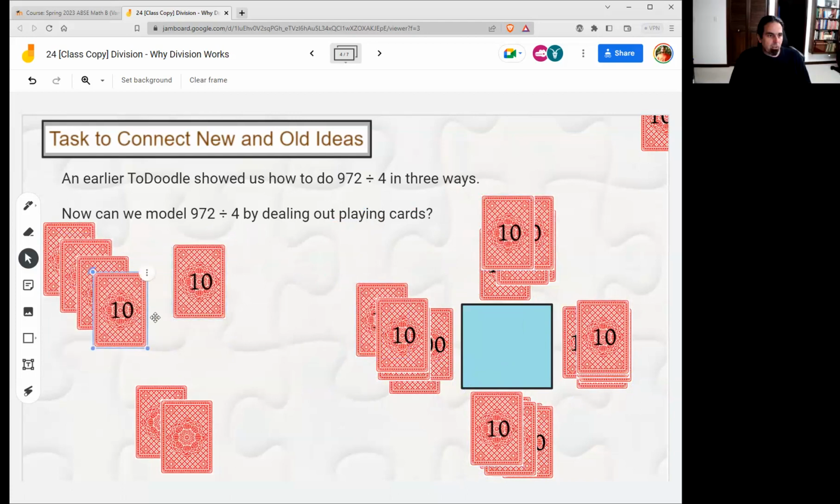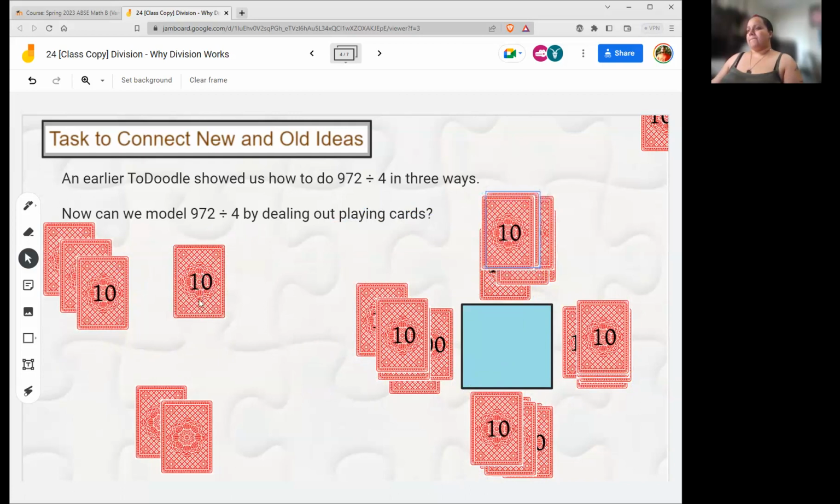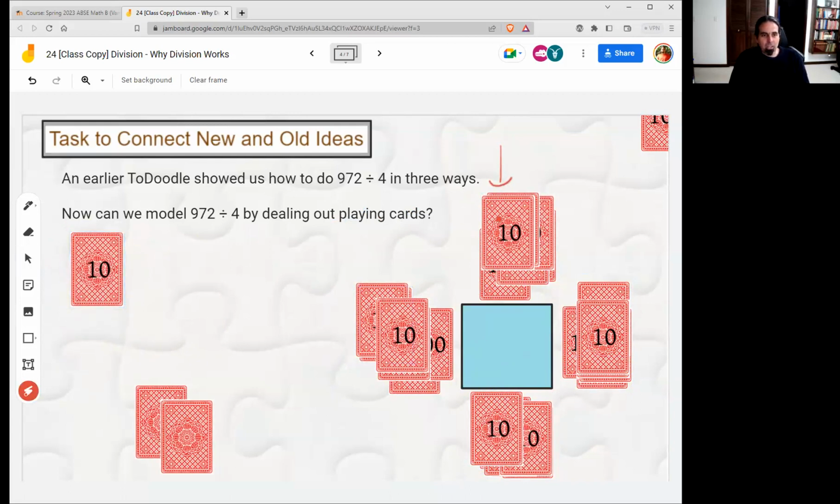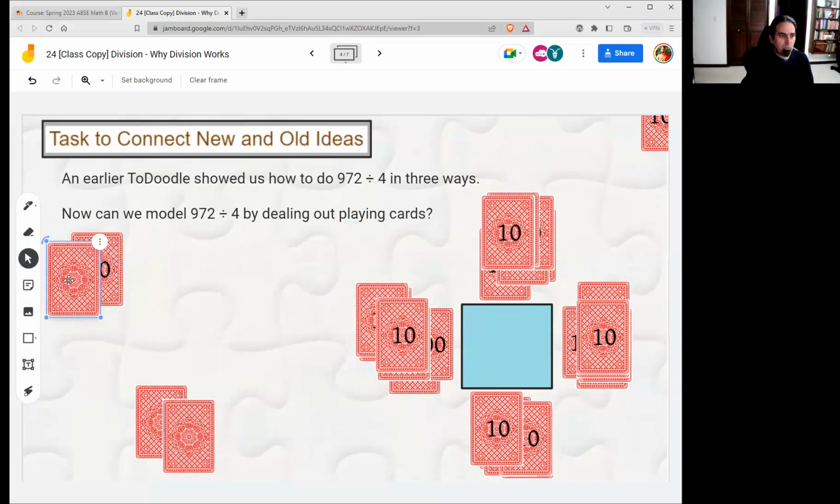Can I go around another time? Yeah. But now I'm down to a single 10. So again, one person could get it, but I can't get all the way around the table. So let's break it up also. So instead of a 10, let's have ones.